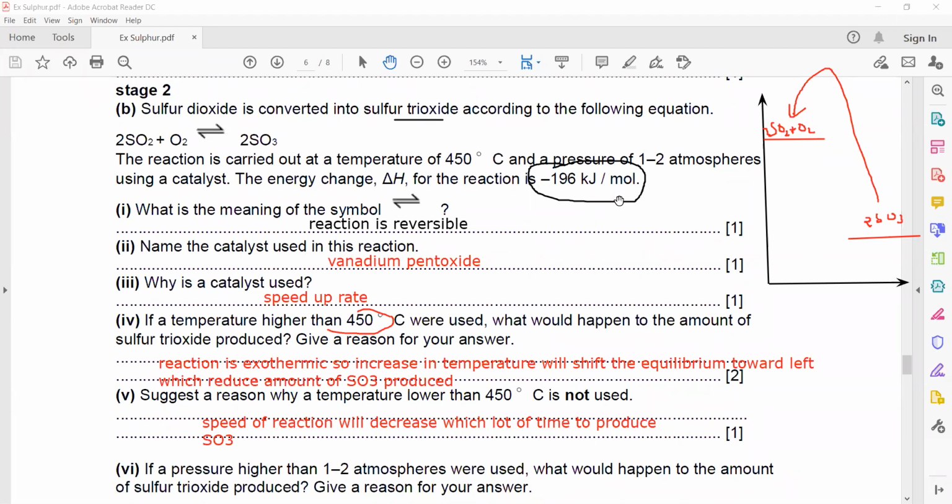But here, vanadium pentoxide is a catalyst, so increasing or decreasing the temperature does not affect its efficiency in this case. But if an enzyme was used as a catalyst, then definitely increasing or decreasing the temperature will alter the efficiency of the enzyme.